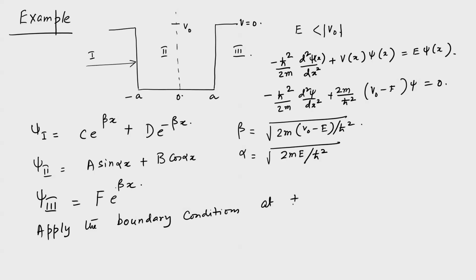At plus and minus A, maybe there is a minus sign here, and what one gets is the following. I am simply writing down the equations that are needed for us and how to arrive at those equations.